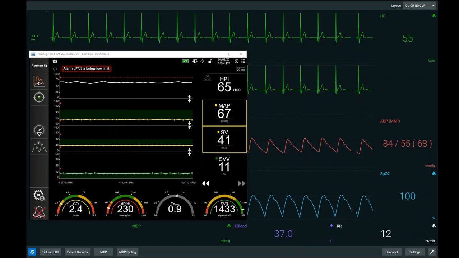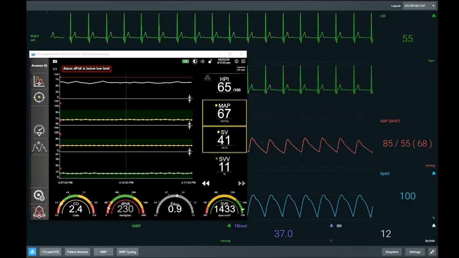Now pay some attention to the dials towards the bottom. We have our cardiac output on the far left, then our dP/dt, a measure of contractility that we'll discuss later during the simulation, our Ea dyn that is covered in previous modules, and our systemic vascular resistance.